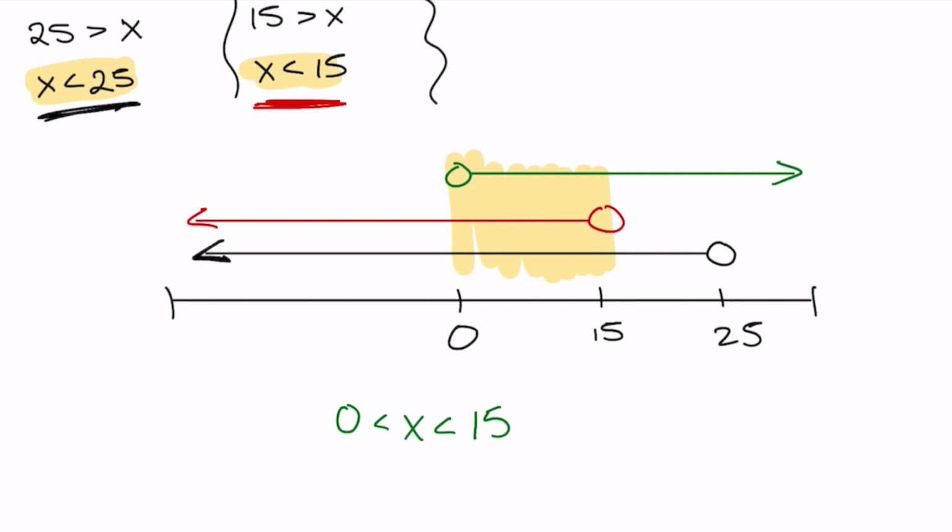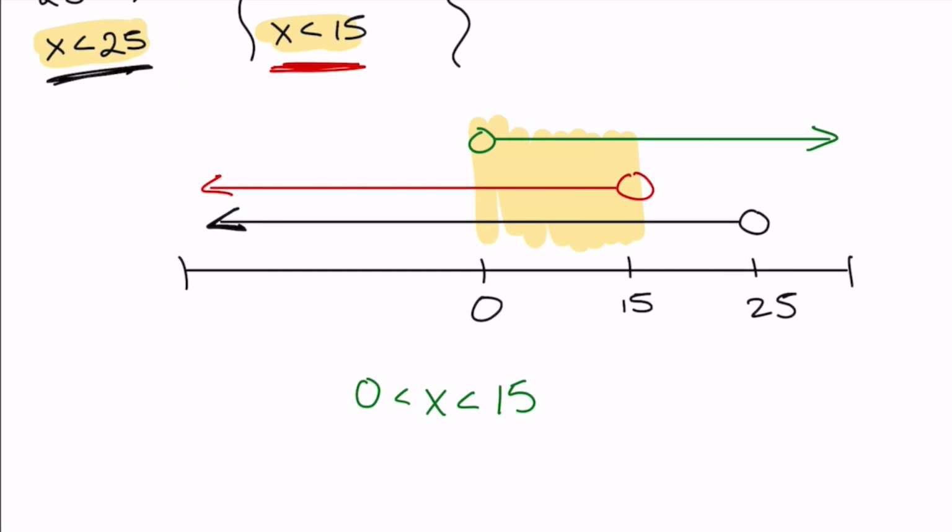So that is important because this is a real world problem. So our domain for this V(x) polynomial is going to be x is a member of the real numbers such that x is between 0 and 15, where x is the length of the congruent squares that are being cut off in centimeters.